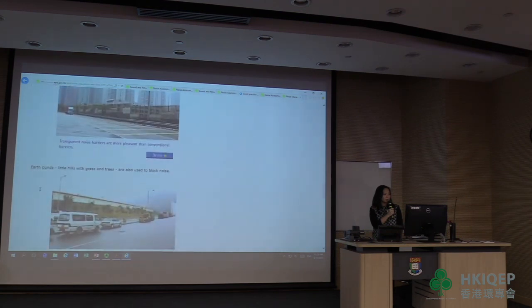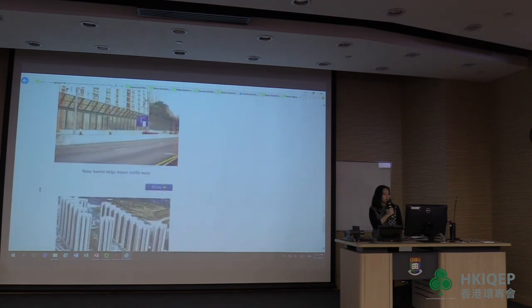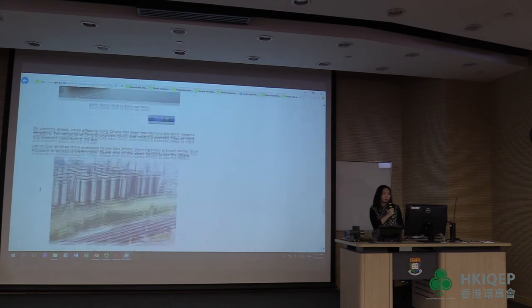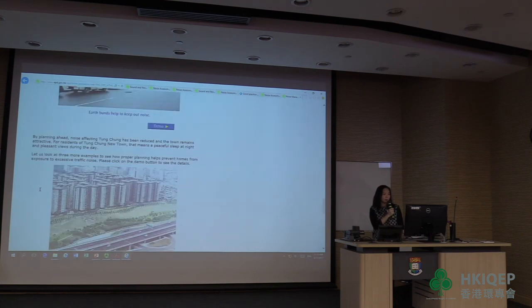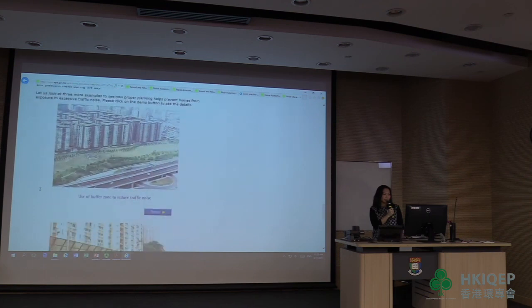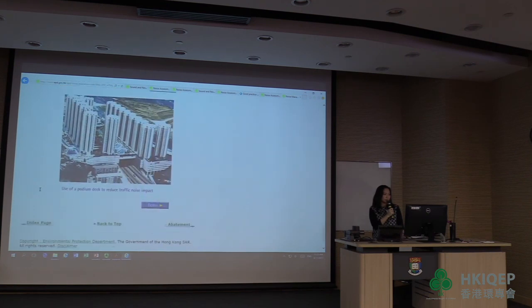So there are some examples here, including the building master layout design, setback of the building from the roads, and using a podium deck.